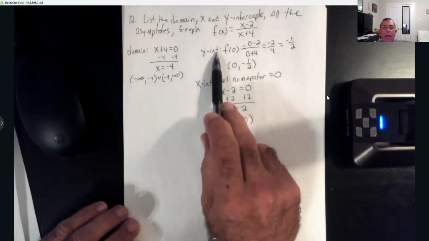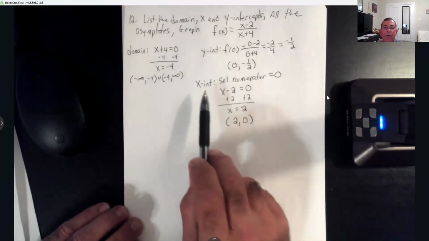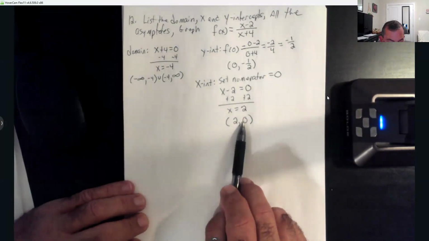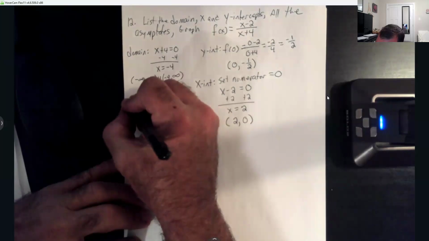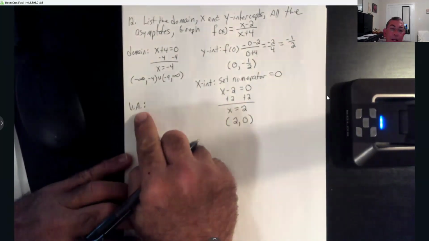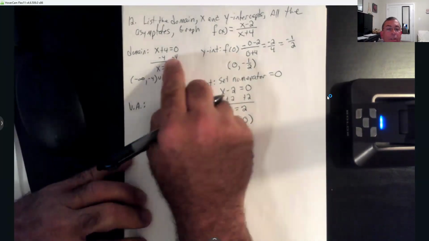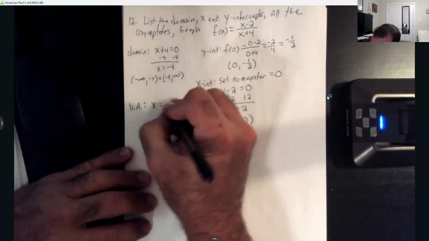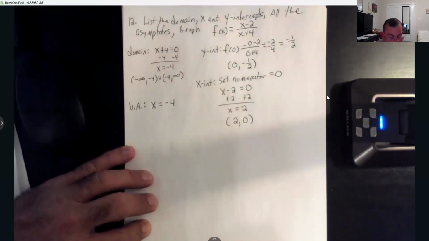So notice the y-intercept has an x value 0. The x-intercept has a y value of 0. All right, I know my vertical asymptote. Well, it's the same as the domain. So that's going to be x equals -4.